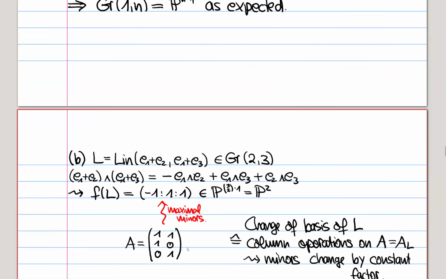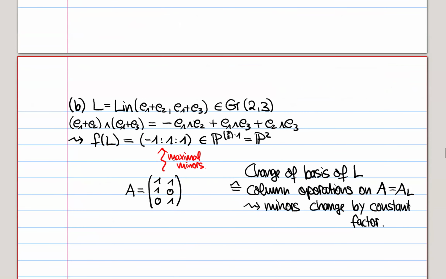Maybe a bit more interesting, let's look at the Grassmannian of 2 planes in 3-dimensional space, and then we can choose such an element. So for example, let's say we take the linear span of e1 plus e2 and e1 plus e3, right? So these would be these 2 column vectors here.